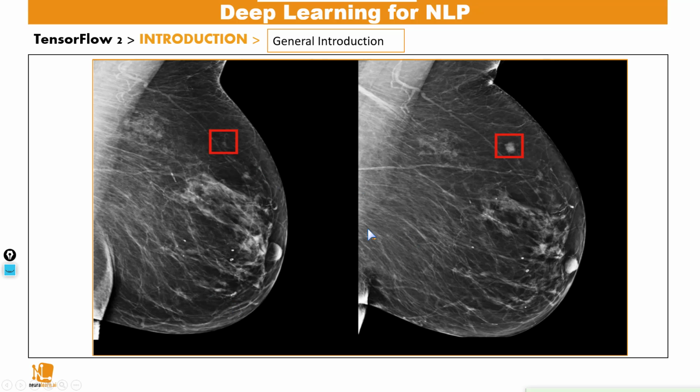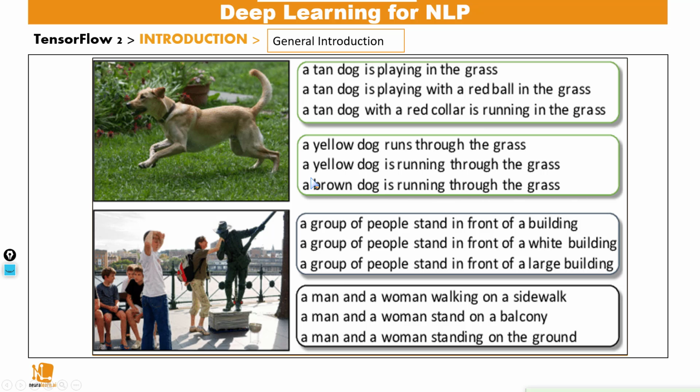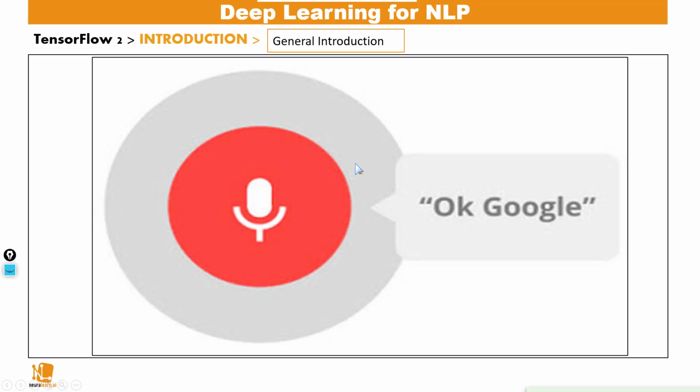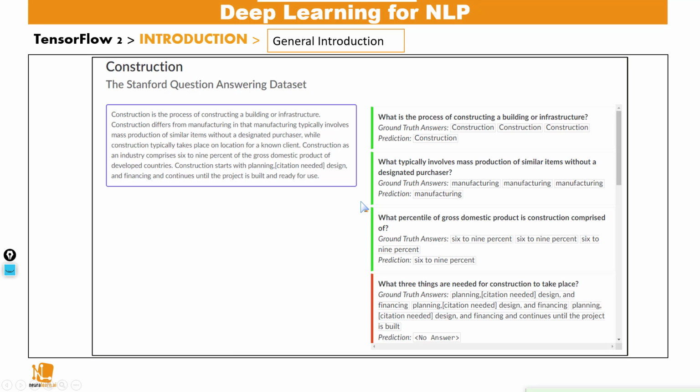We also have this in the health sector where we detect certain diseases in the human breast. We have applications in image captioning, self-driving cars, voice transcriptions, and question answering, just to name a few.